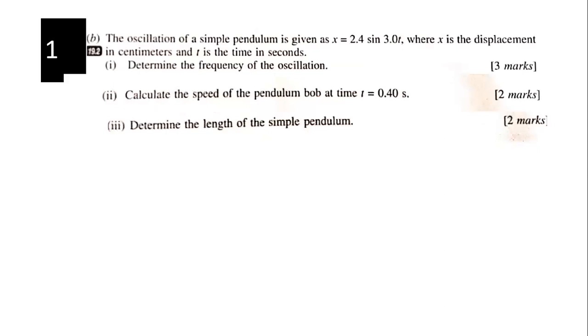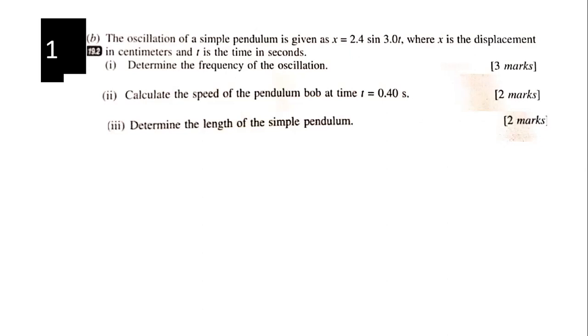Okay, you have determined number one. Calculate the speed of the pendulum at time t equals 0.4. This one is straightforward. You have to make sure that the calculation is in radian, not in degree. So this one, you use the formula v equals A omega.